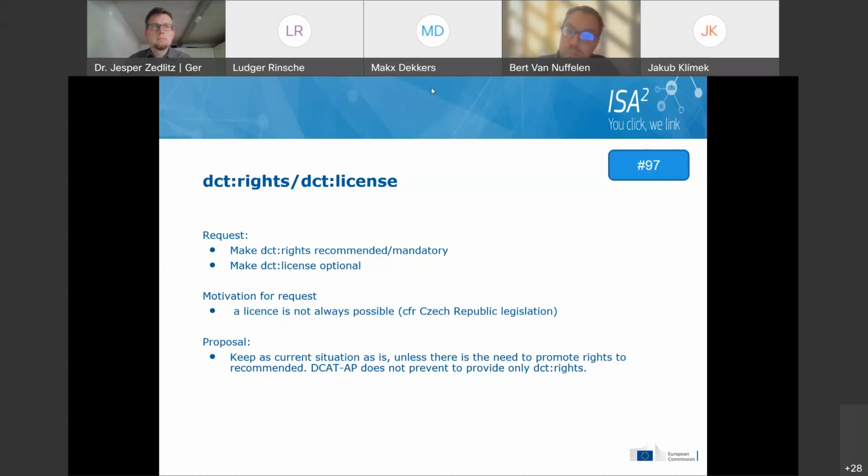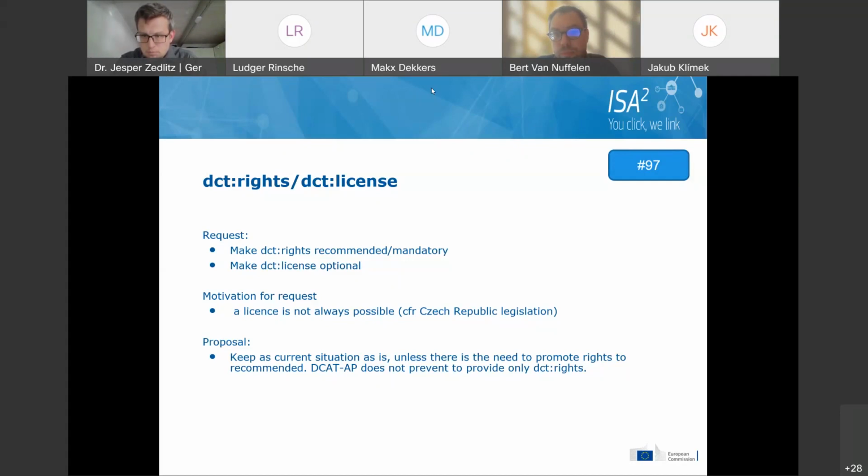So there are many states in which the licensability of a file may be. It definitely cannot be covered by a simple link to, let's say, CC BY and be done with it, because that simply doesn't apply in the Czech Republic.